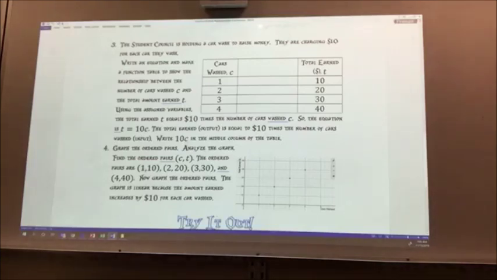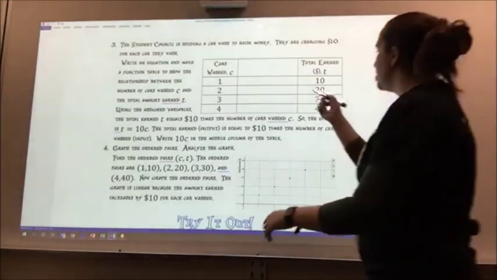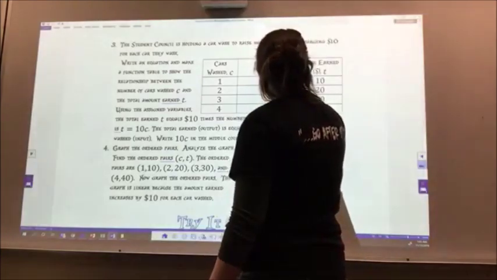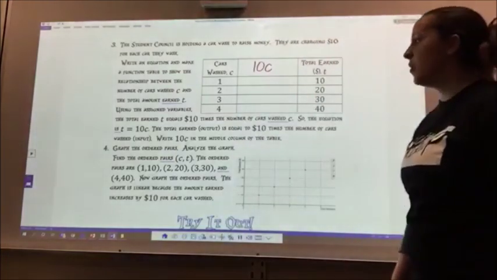So for 1 car washed, I earned $10. For 2 cars washed, I earned $20. 3, I earned 30, and 4, I earned 40. So I can see that I'm multiplying by 10 each time. So 10C has to be part of my equation.